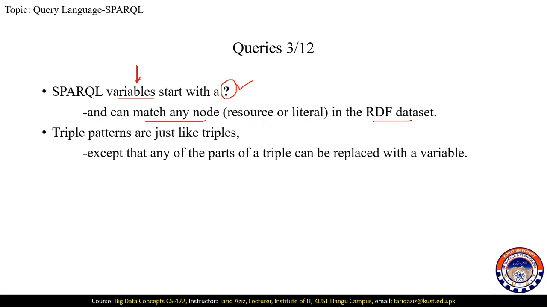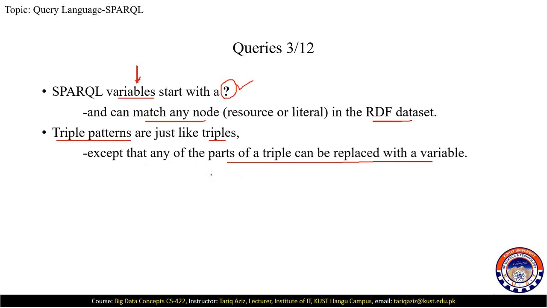Now, dear students, what about triple patterns? Is there any difference between triple patterns and triples? It says that triple patterns are just like triples, except that any of the parts of a triple can be replaced with a variable.